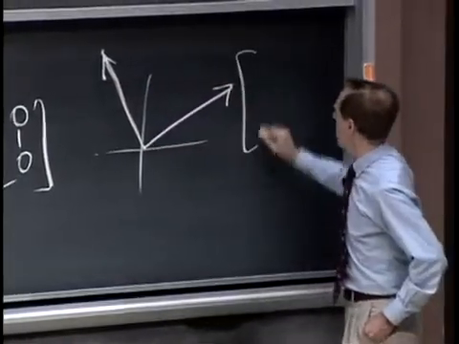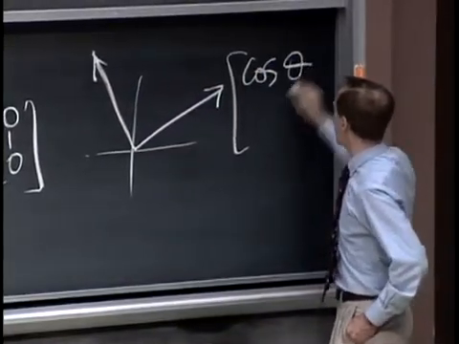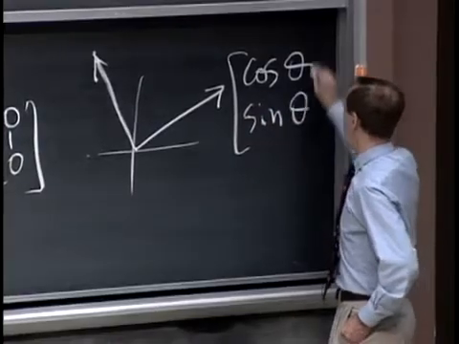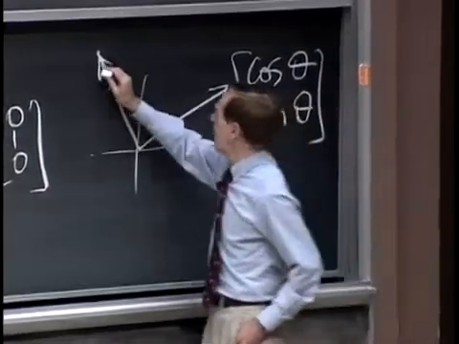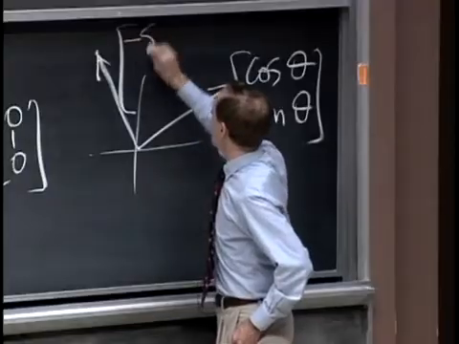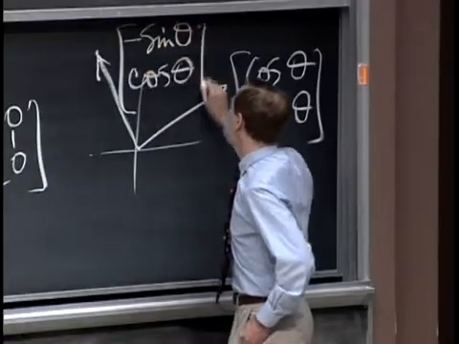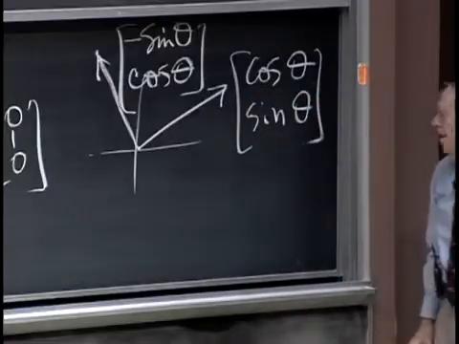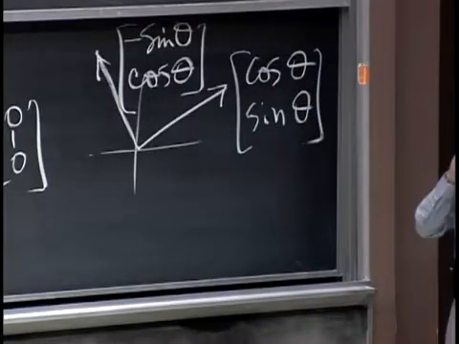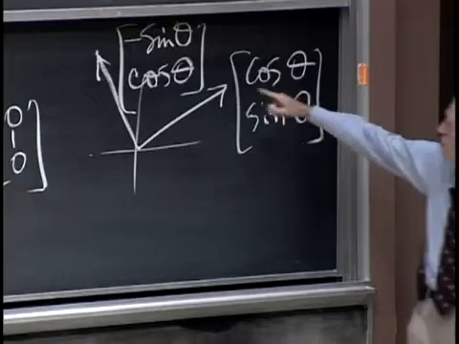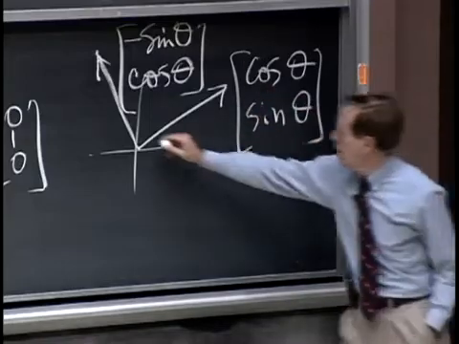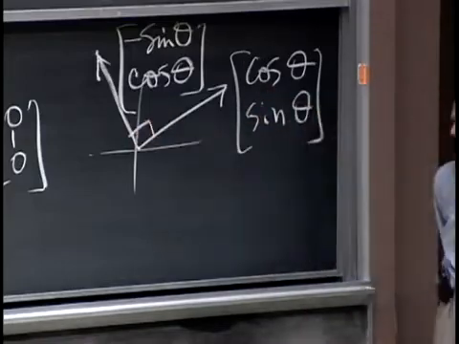That vector would be cos theta, sine theta, a unit vector. And this vector would be minus sine theta, cos theta. That is our absolute favorite pair of orthonormal vectors. They're both unit vectors, and they're perpendicular. That angle is 90 degrees.